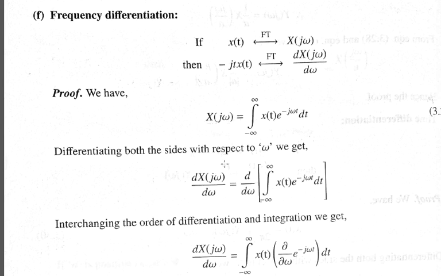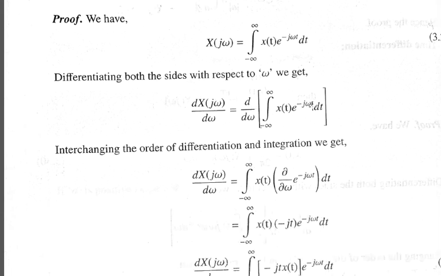When we go for its differentiation, the differentiation happens with respect to omega. So d/dω of X(jω) is equal to d/dω of this. When we do this differentiation, only the omega term has to be differentiated, so the integration comes outside, x(t) times the partial derivative of e^(-jωt).